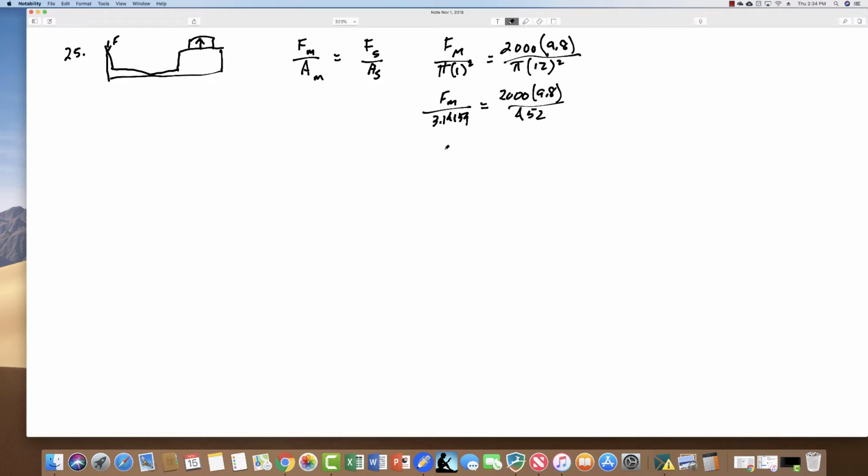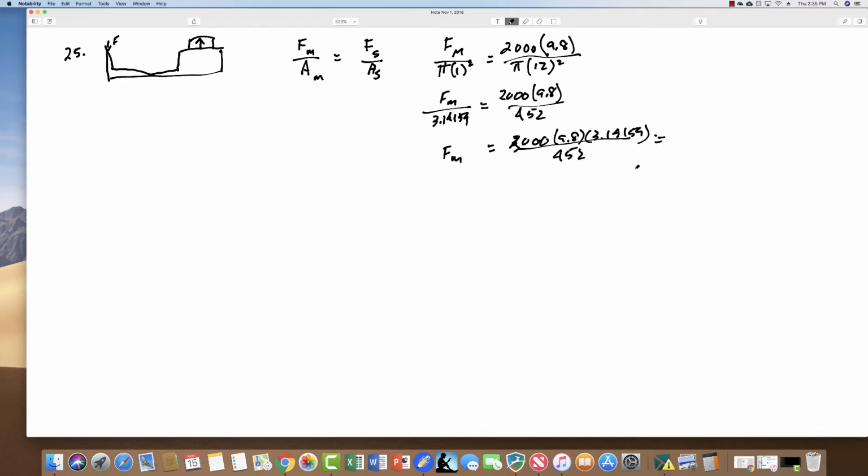So that means that FM, if we cross multiply, you're going to have 2,000 times 9.8 times 3.14159, which is pi, and then all of that's going to be divided by 452.